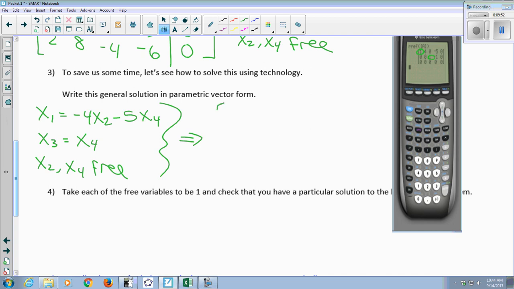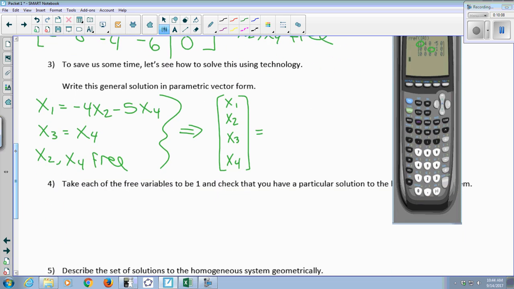So I'm looking for a solution, x1, x2, x3, x4. So my solution is going to be values x1, x2, x3, and x4.